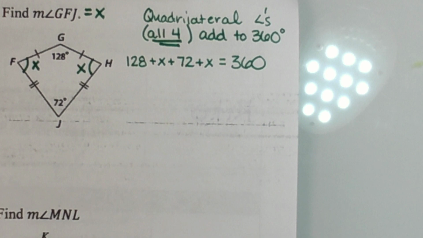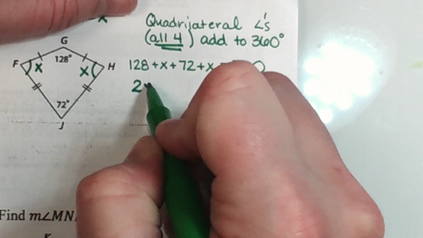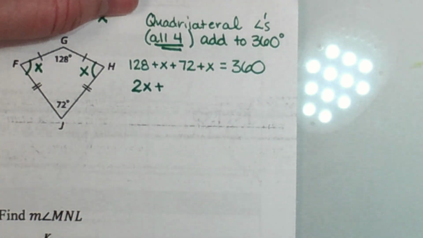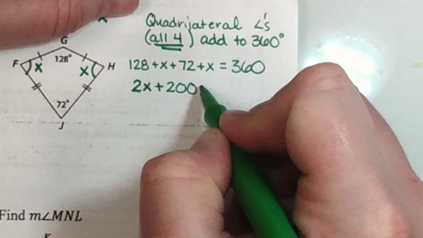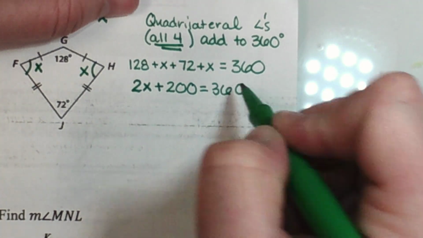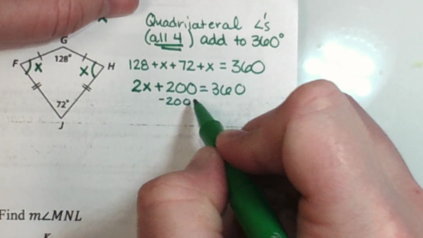How do I solve that? Combine like terms. X plus x is 2x. 128 plus 72 is? Y'all got calculators, right? If not, grab one. 200. Subtract the 200.